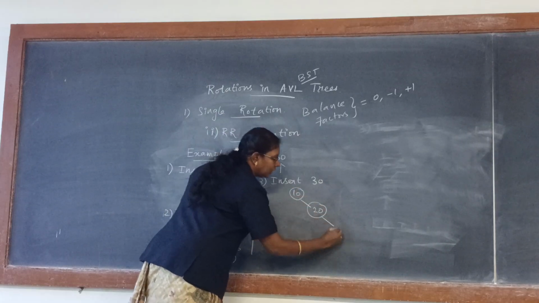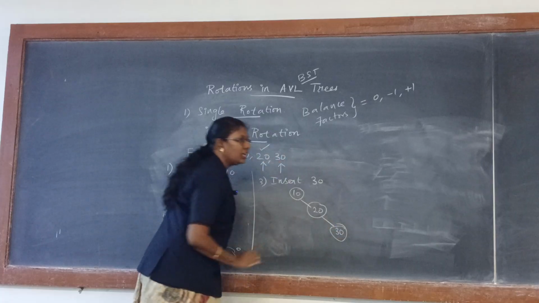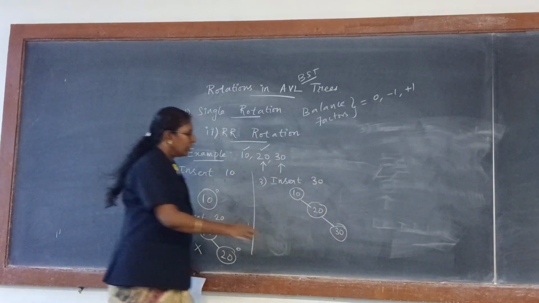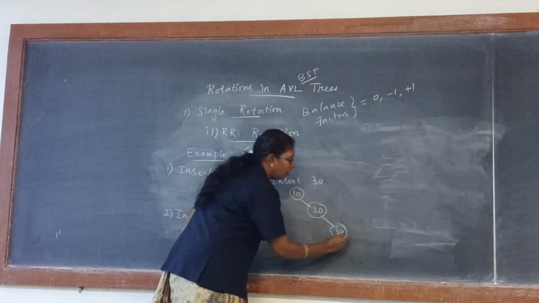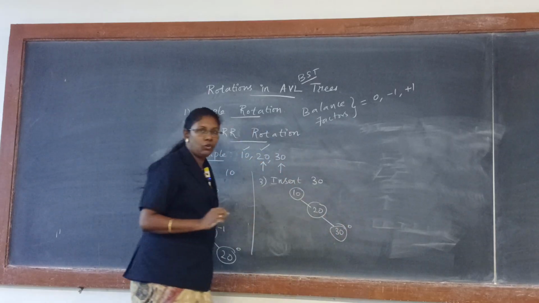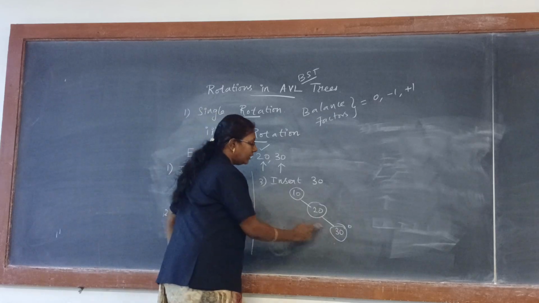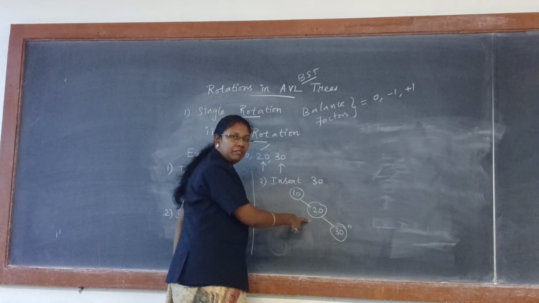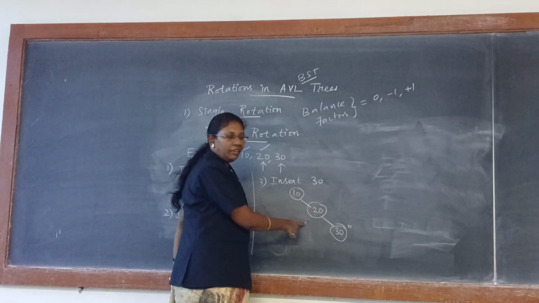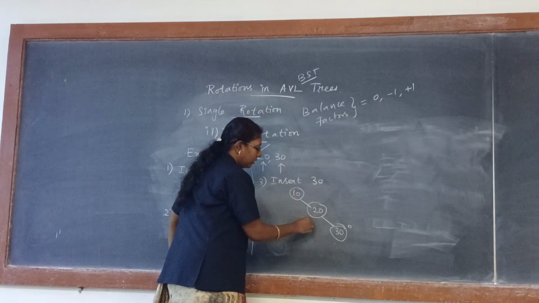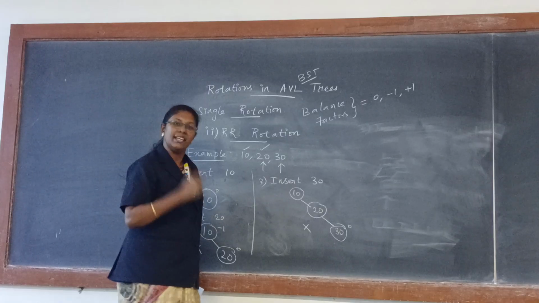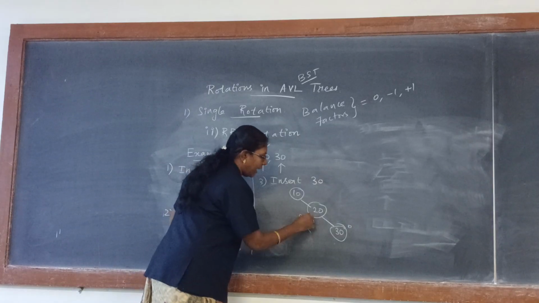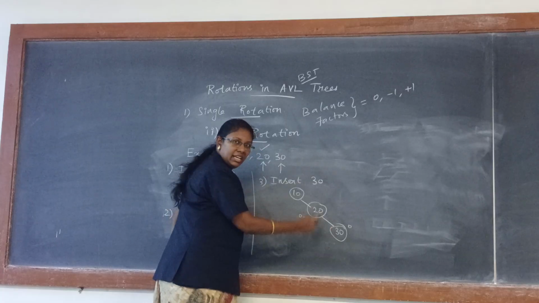If I am inserting 30 here, what will be the balance factor for all these nodes? The first node, 30, is a leaf node, so its balance factor is 0. For the parent node 20, there is no left subtree, so the height of the left subtree is 0, minus the height of the right subtree, which is 1.